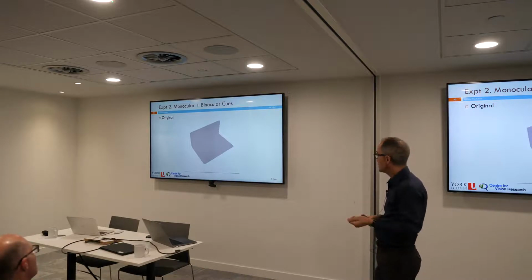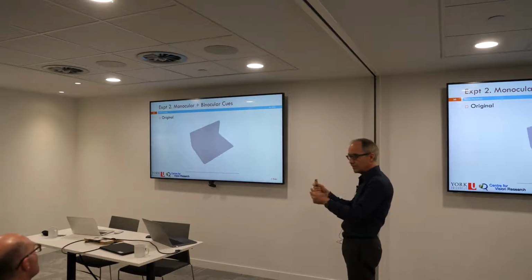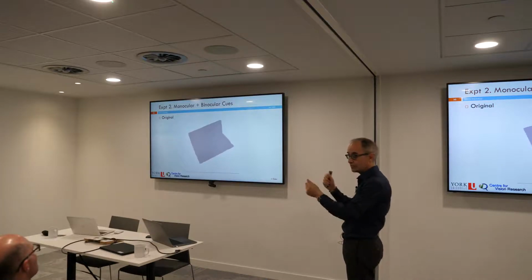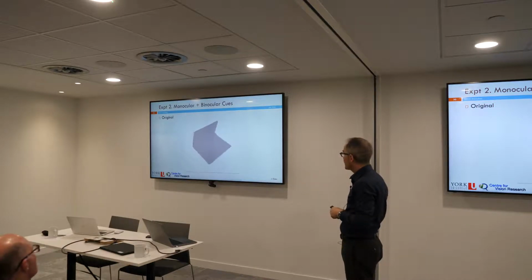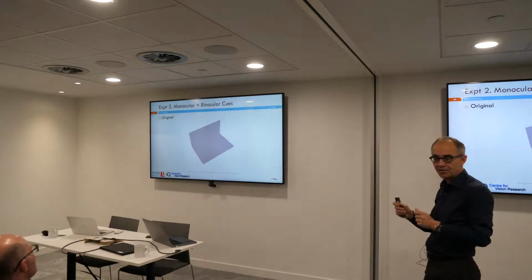In the first condition, we'll just present that silhouette in the correct binocular stereoscopic projection. I'm just going to show this in motion parallax, but in the actual experiment, the objects are stationary and projected stereoscopically. Now you have consistent monocular and binocular cues.